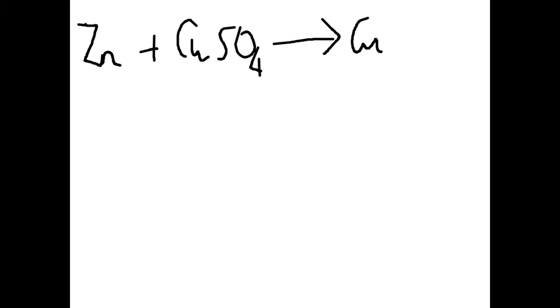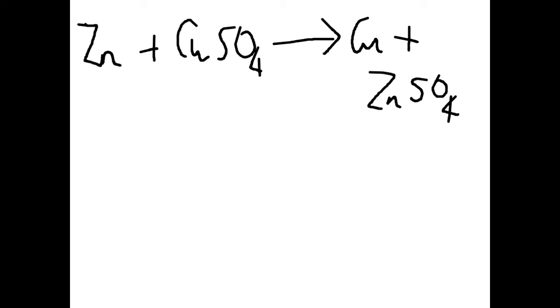Copper is going to be replaced, right? So what's the other product? Is the formula zinc SO4, or zinc twice SO4, or zinc SO4 twice? Well, it's just going to be ZnSO4 because Zn, I said, is in what state? +2, right? Yes, they're all +2. Does that make sense, people?